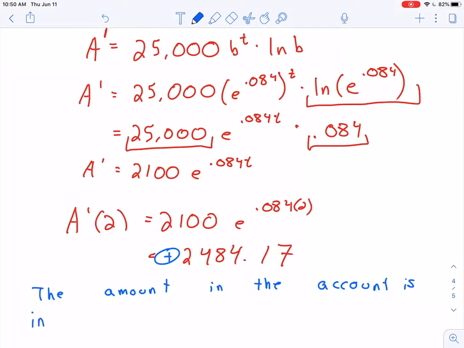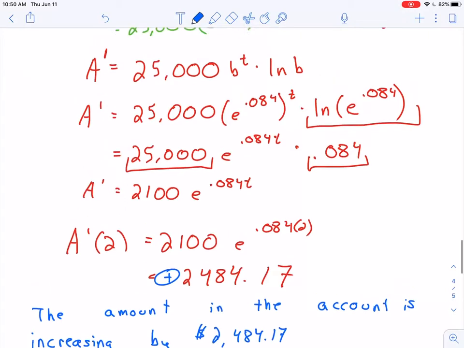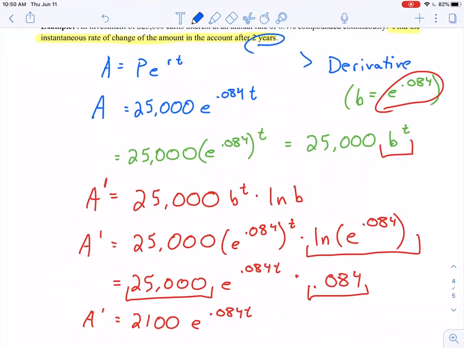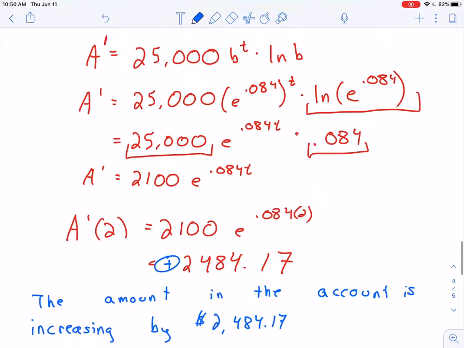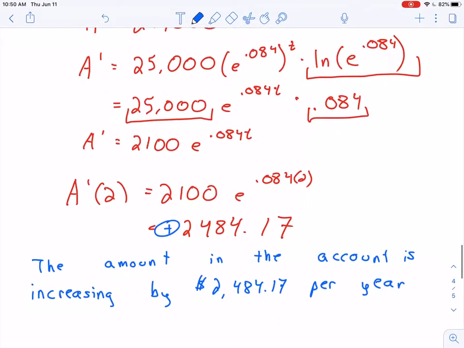So it's increasing by $2,484.17. And how often is it increasing by that amount? It's increasing by that amount per my unit of time. What was my unit of time? It was years. Per year. And when is it increasing by this amount? After 2 years.